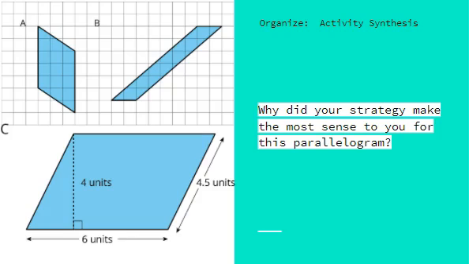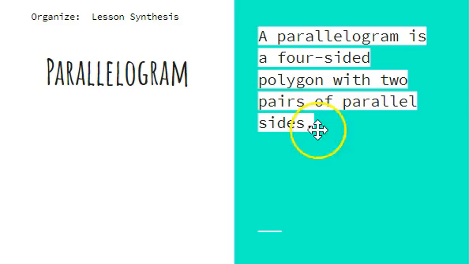Okay. So I know some of you guys did some different strategies, and that's fine for figuring this out. We're going to actually talk about the mathy way to solve it in our next lesson. So real quick, parallelogram, get this jotted down if you didn't already. A parallelogram is a 4-sided polygon with 2 pairs of parallel sides.